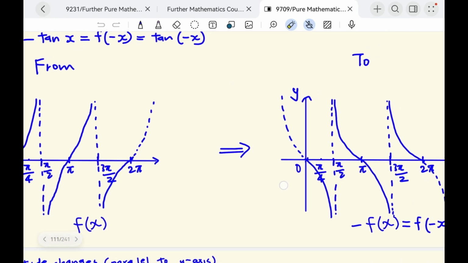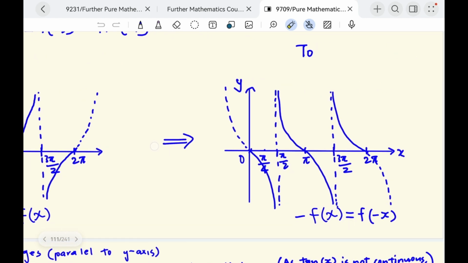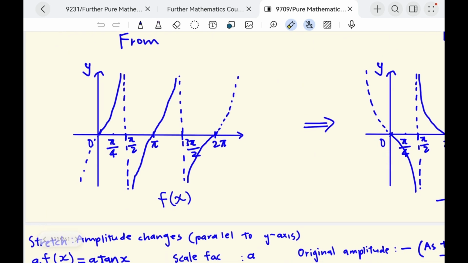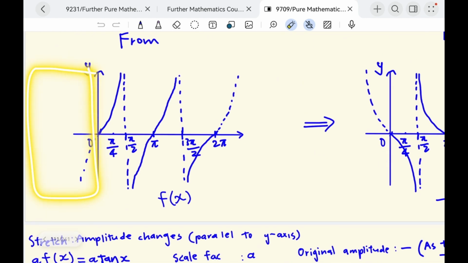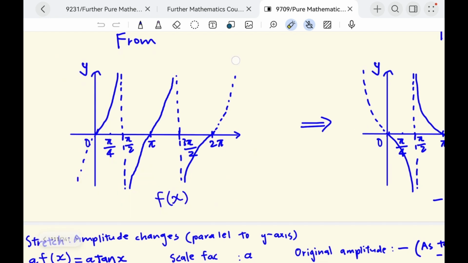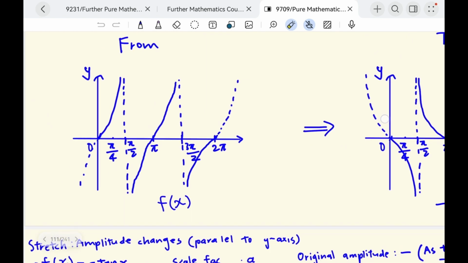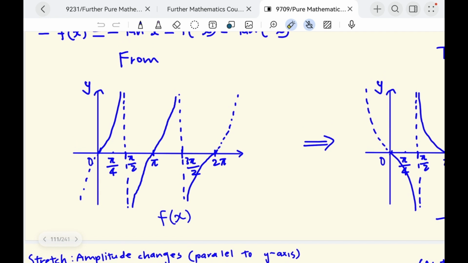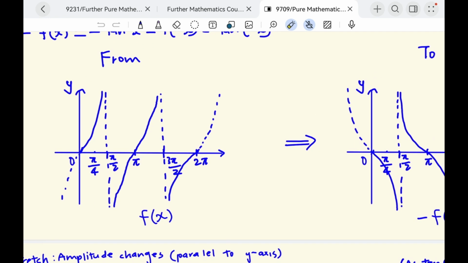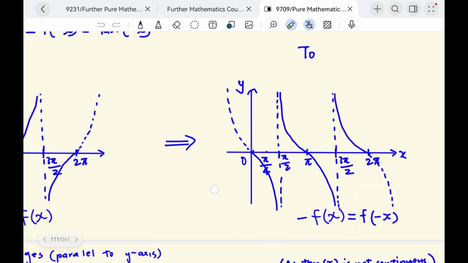Okay, which means that the entire tangent graph from the negative switches to the positive, and the positive one in the x direction switches to the negative. Okay, because all of these graphs reflect on the y-axis.